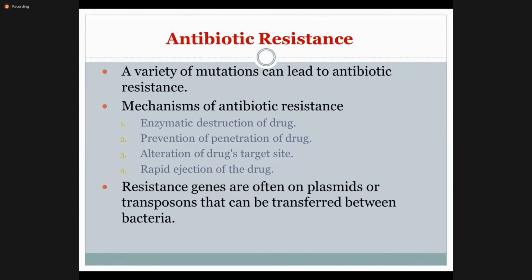Number two mechanism, prevention of penetration of the drug. They modify themselves, they modify the cellular structure of the cell wall or cell membrane. Any antibiotic that has to penetrate this structure and reach inside the cytoplasm, suppose an antibiotic which has to inhibit protein synthesis, must reach inside the cell.